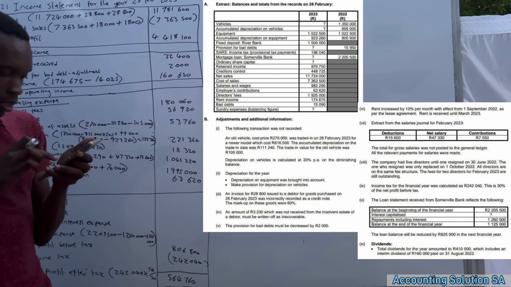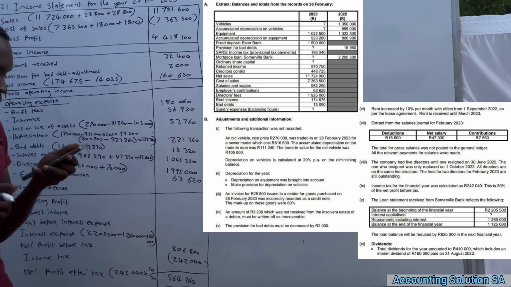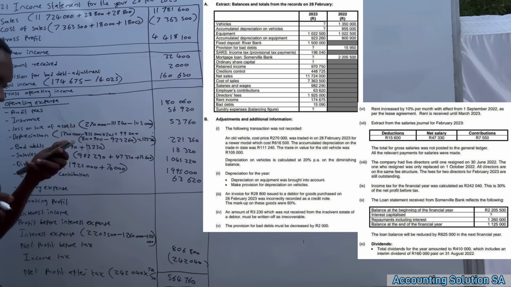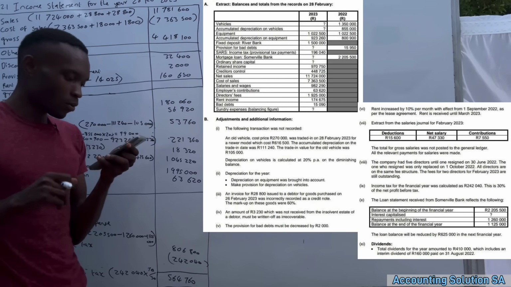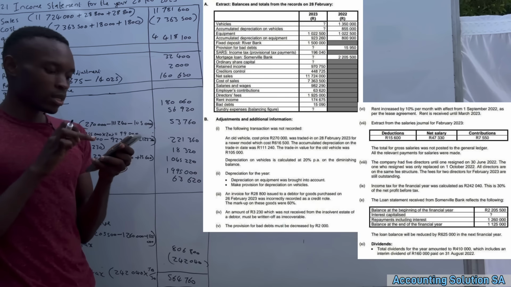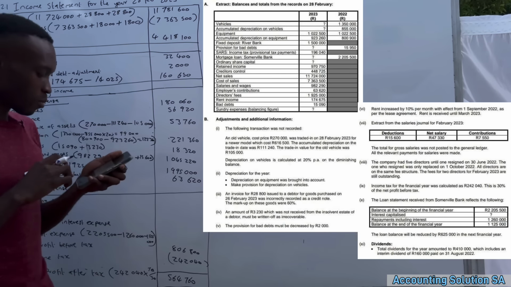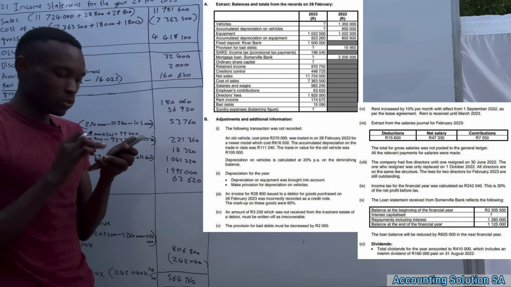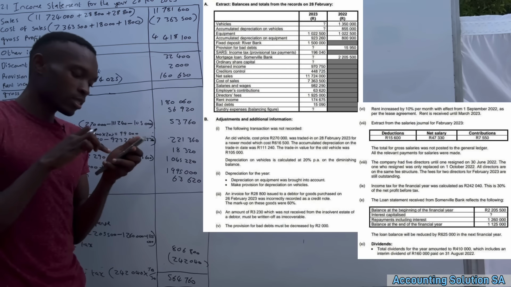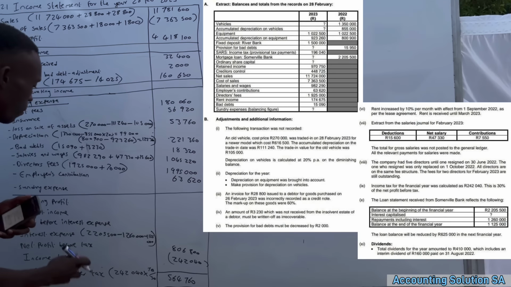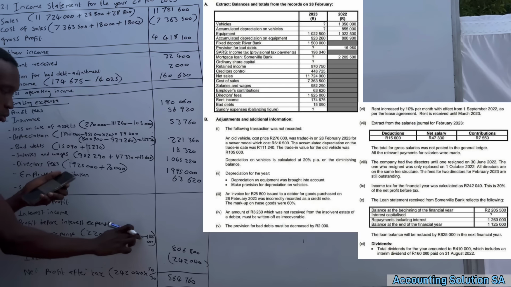Let's go to transaction number 9. A loan statement received from Samville Bank reflects the following. They give us balance, interest capitalized, repayment, and balance at the end. It's very simple because we are looking for interest capitalized, which means that you take the opening balance and you subtract those other 2 amounts. This is the calculation that I show here.